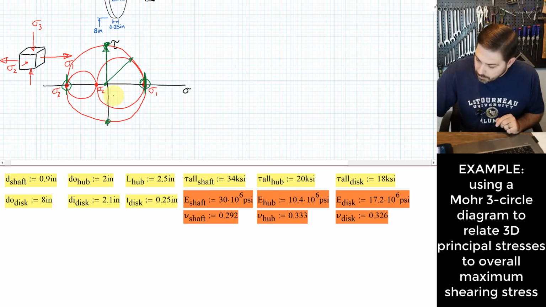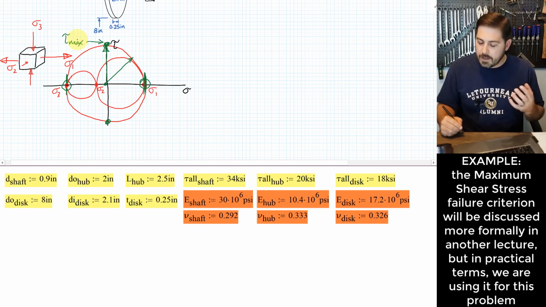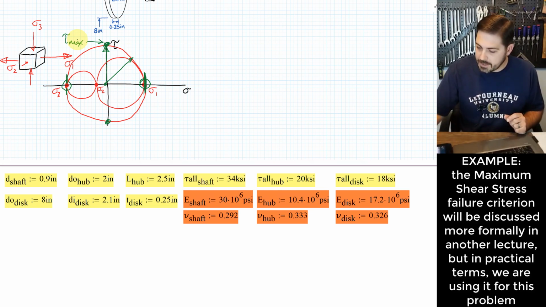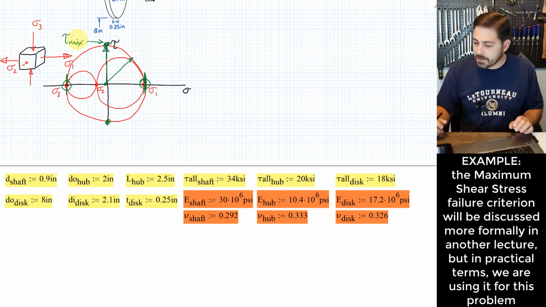And that point, whether you talk about the positive or the negative side of it, is your maximum shear stress. We're going to get much deeper into this in a lecture that's coming soon, where we deal with a criteria that's known as the maximum shear stress failure criteria.